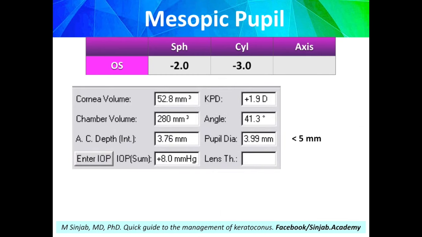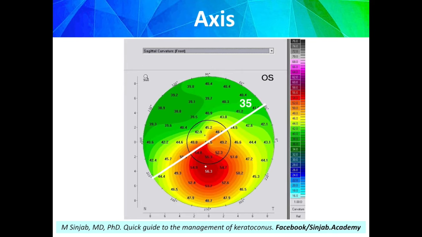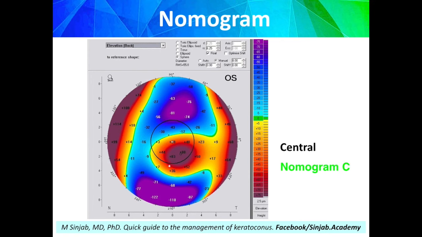The mesopic pupil is smaller than 5 millimeter. To determine the axis, I draw a line through the center of the cornea, and in this case it is 35 degrees. To determine the nomogram, we look at the elevation map. It is a central cone, so we go for nomogram C.